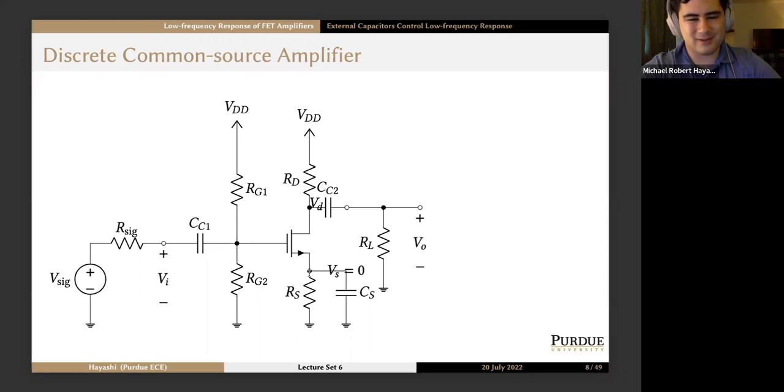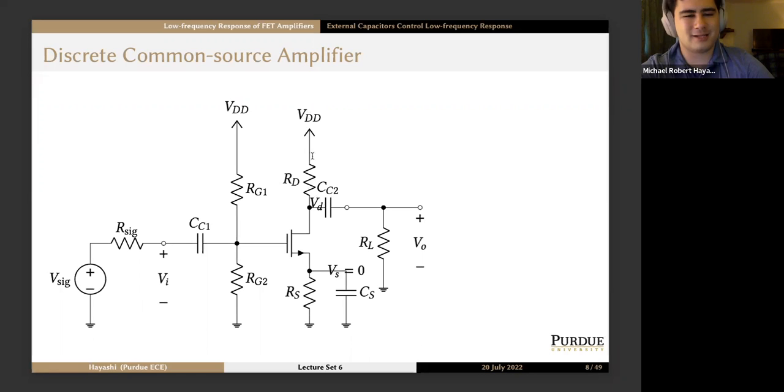The source of the MOSFET has R sub S for biasing purposes, but it also has this parallel C sub S as a bypass capacitor. In the ideal case, at midband frequencies, we expect V sub S right here, the source voltage, signal frequencies to be 0, but at sufficiently low frequencies, it'll be non-zero. So we have to deal with that.